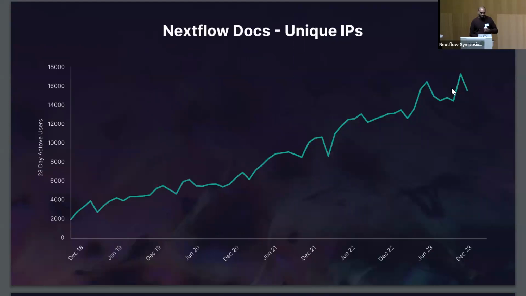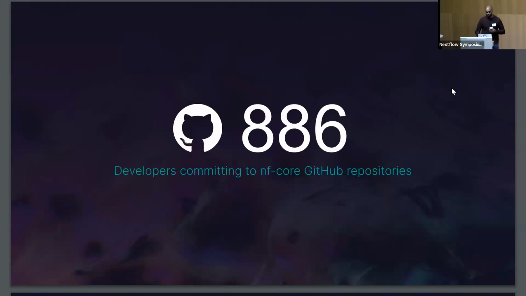Very quickly, numbers: Nextflow is growing pretty much exponentially. If we look at a standard metric like how many people are accessing the documentation over time, it's just going up and up, with 16,000 users in December, which is phenomenal. If we look at nf-core, almost 900 contributors are contributing to nf-core GitHub repositories.